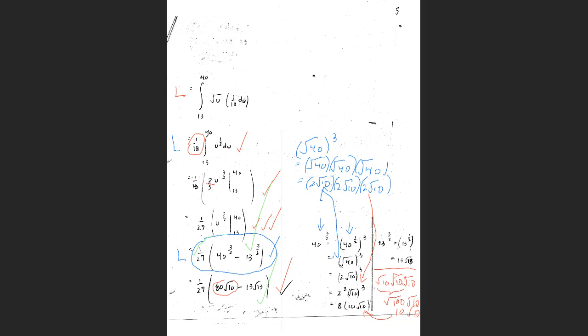And why don't we figure out on our calculators or on Desmos what is 1/27 times the difference between 80 root 10 and 13 root 3. We thought the length of the arc for this problem would be around 7.5 or 8. So it would be nice to check the answer to see if this is a reasonable answer.